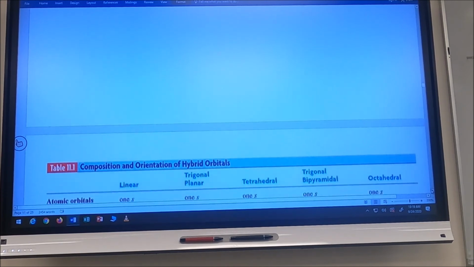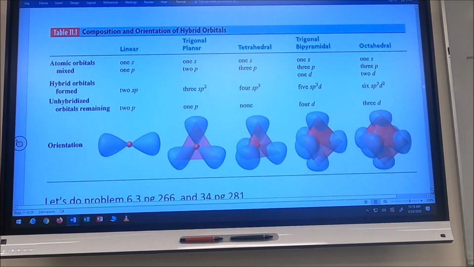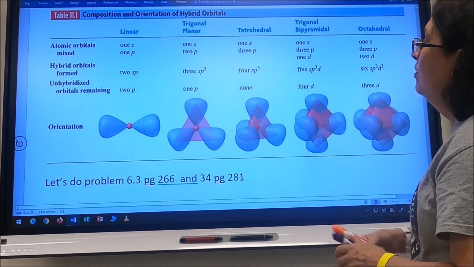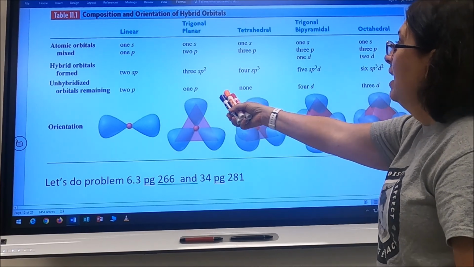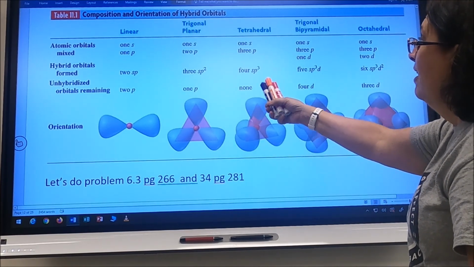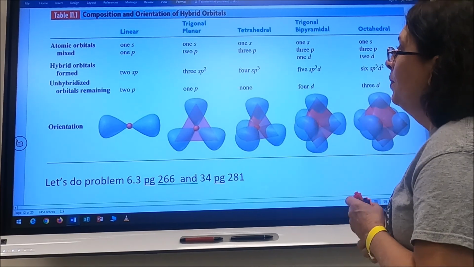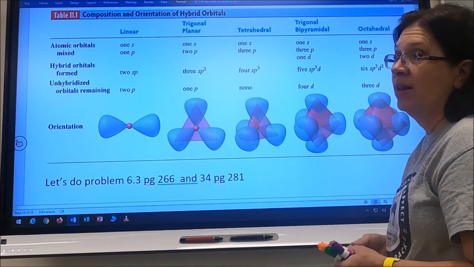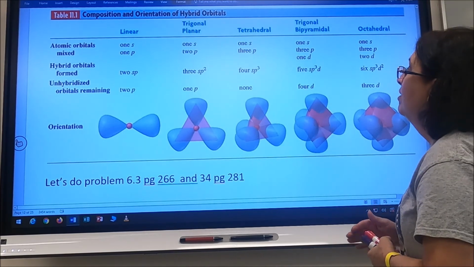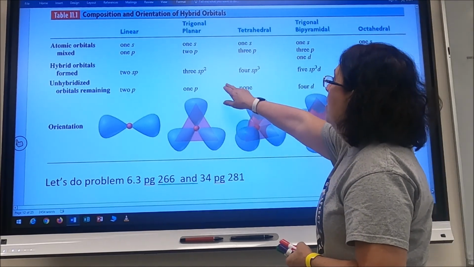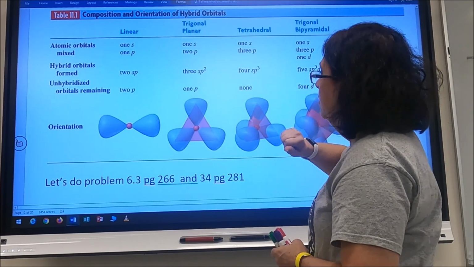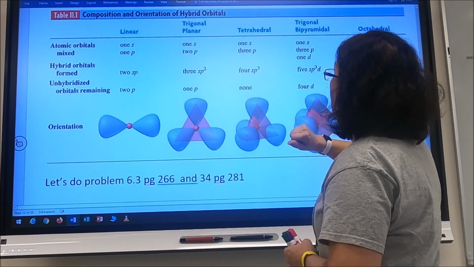So here's the table, okay, magic table. If you have 2 electron groups so that it's linear, its hybridization is going to be sp. There's going to be 2 sp hybrid orbitals and 2 unhybridized p orbitals in the central atom's valence. Trigonal planar, I'm going to have 3 sp2s and 1 p unhybridized.